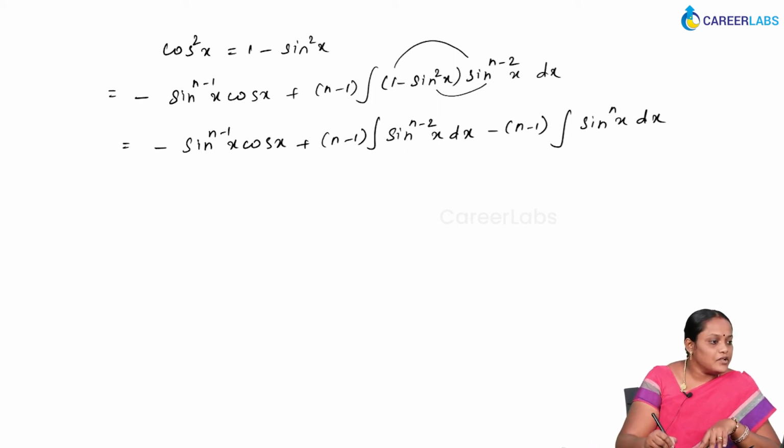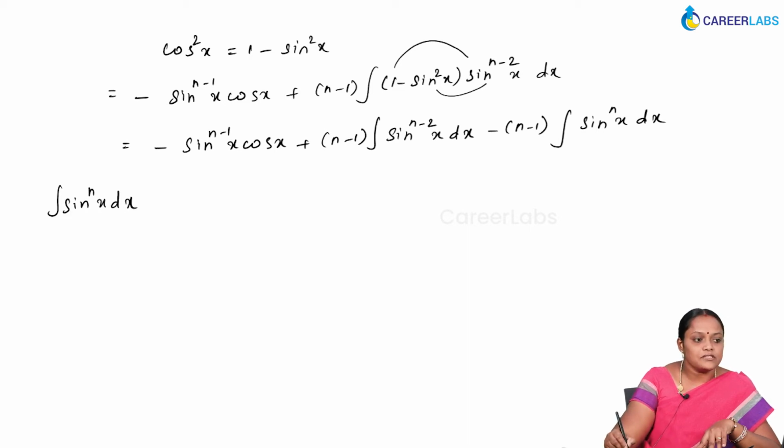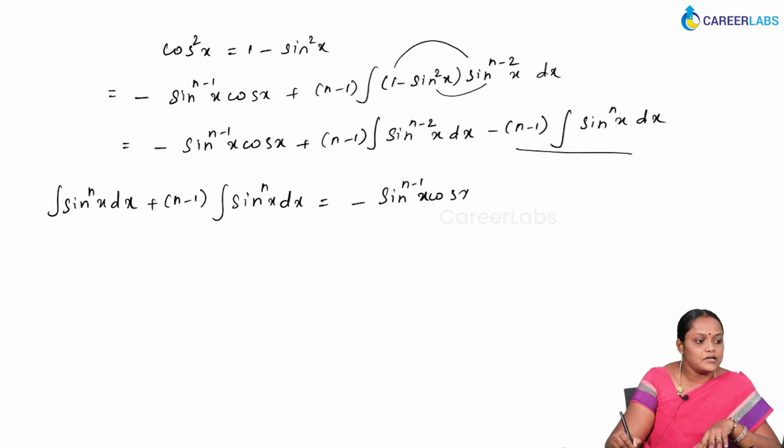Okay, and in your left hand side you have integral sin^n x dx. I am just going to take this term to this side. So this will become plus n minus 1 integral sin^n x dx. This is equivalent to minus sin^(n-1) x cos x plus n minus 1 integral sin^(n-2) x dx.